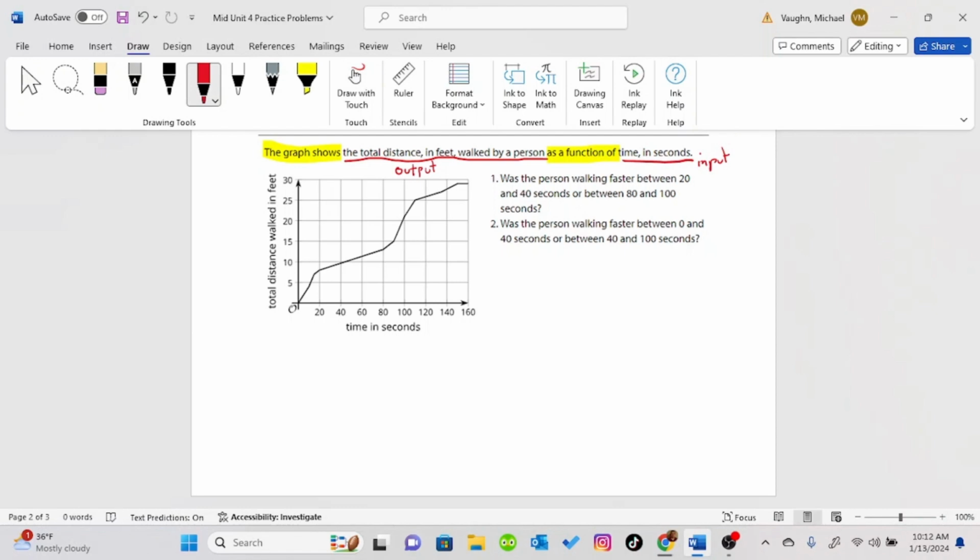Number 1, was the person walking faster between 20 and 40 seconds or between 80 and 100 seconds?